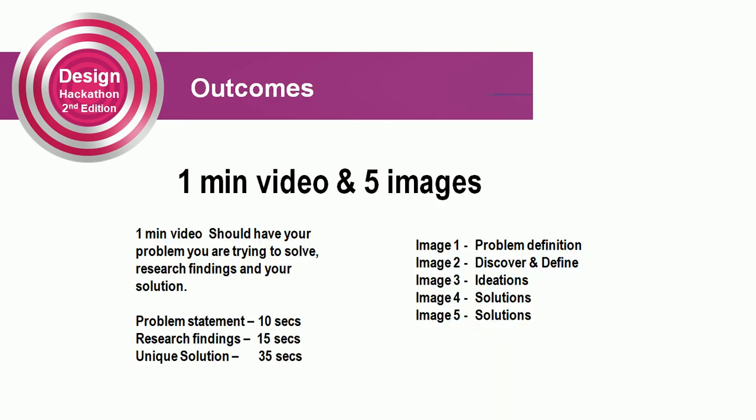So the final outcomes will be a 1-minute video that contains your problem statement, research findings, and your unique solution. Similarly, you will be creating 5 images about problem definition, discovery, and defining what you have found, ideations, and the solutions. All this content will have to go onto the social media for social rating.